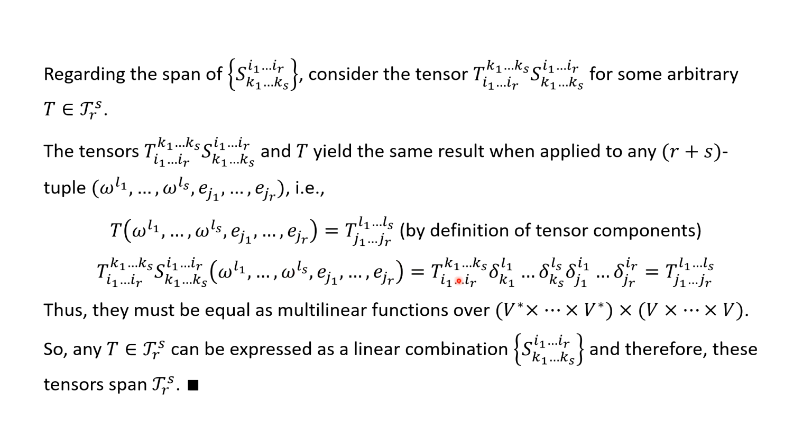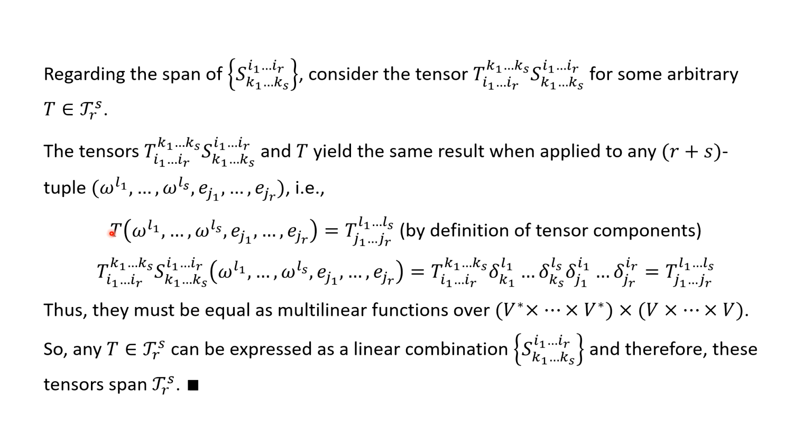Then looking at the product applied to this R plus S tuple, this part here, S applied to the R plus S tuple, as we showed earlier, is just the product of these Kronecker deltas. And then we apply T to this, and that's an Einstein summation, and we get this result. And so we've shown that T and this product here are the same.